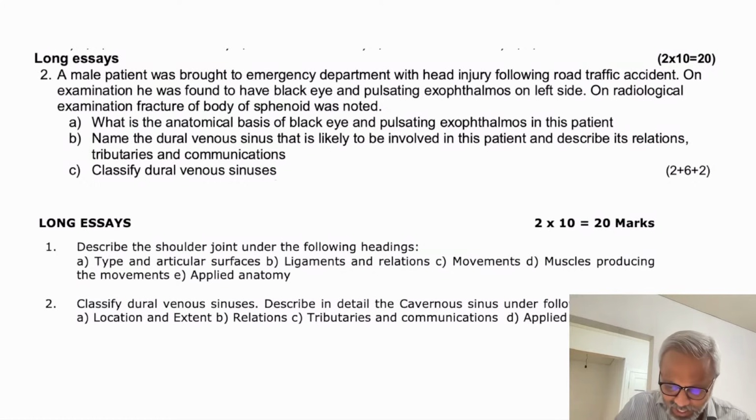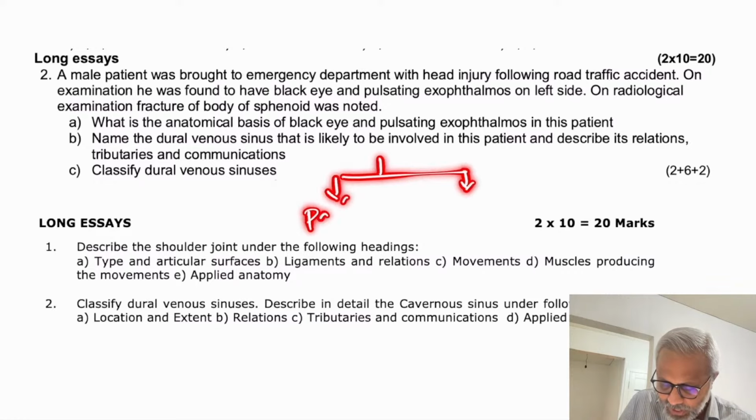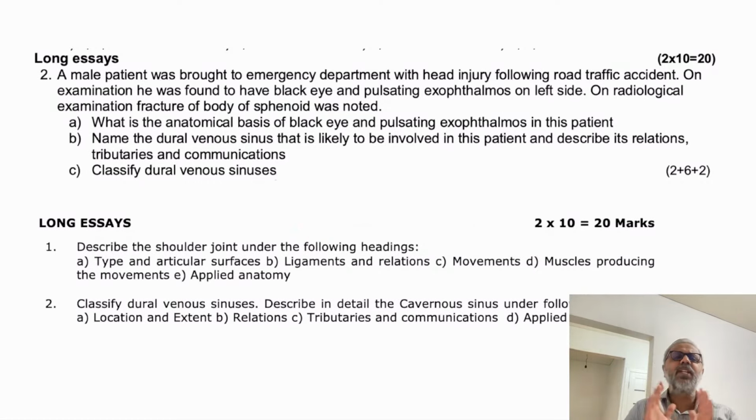And the last, of course, is classification. Whenever you classify, use a flowchart, like paired and unpaired, so that it becomes easier for the examiner to read. This is how you should approach a specific question.